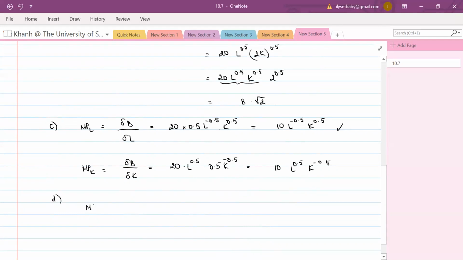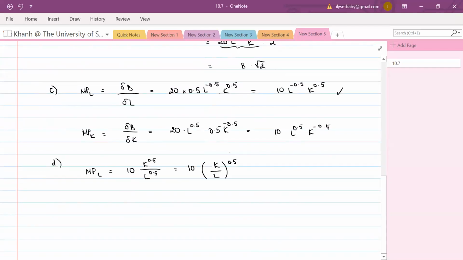I got marginal product of labor equal to 10 K to the power half, and if I move L to the denominator to get rid of the negative sign, I simplify this and get K on L, everything to the power half. Now, as you can see, it's obvious that whenever K is increasing, MPL is increasing, and whenever L is increasing, MPL is decreasing because L is on the denominator.